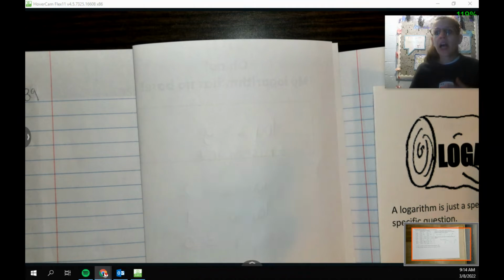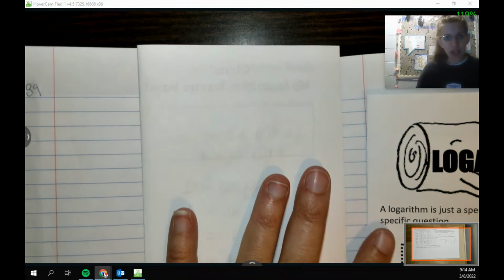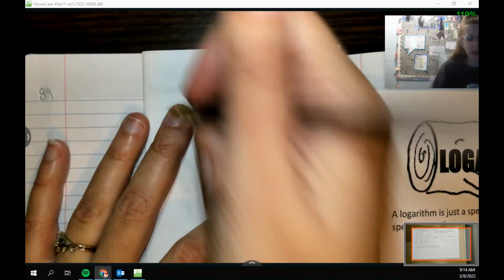And so because e is so closely related with exponents, and exponents are logarithms' opposites, e is also very closely related to logarithms. It's so special that it actually gets its own logarithm.